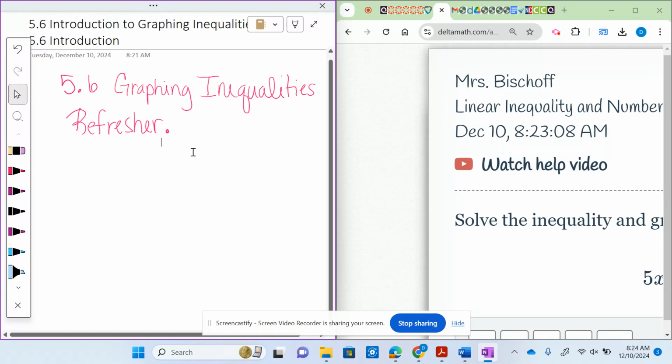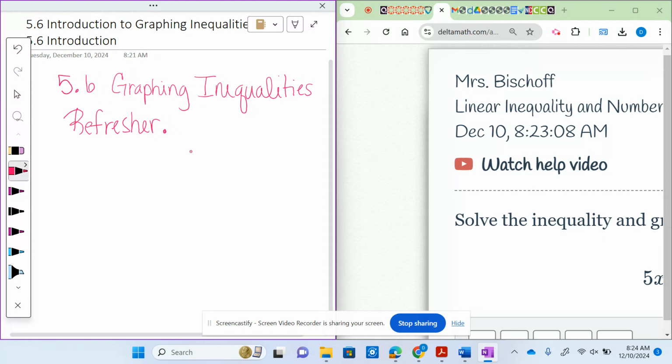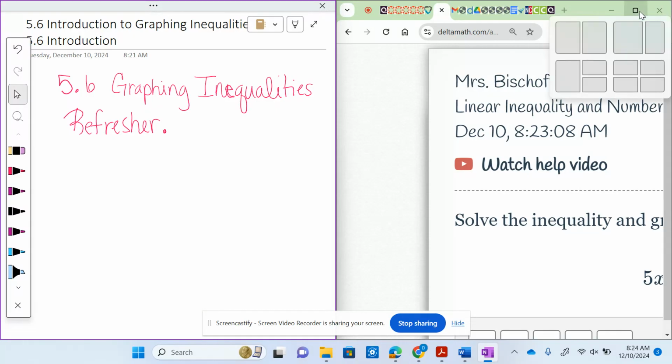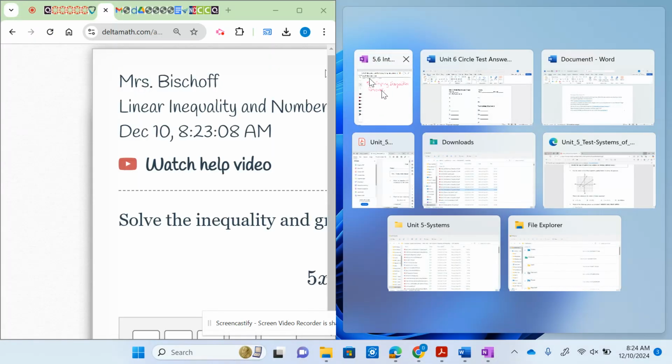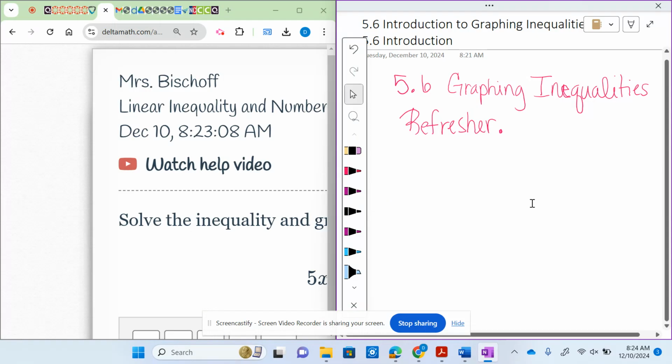So graphing inequalities refresher. I want you to remember some things that you learned in lesson 4 when we did linear inequalities, probably 4.7, I think, is what it was. I need to switch spots with these. I want this one to go here and this one to go here. Okay. All right. So we're going to review.